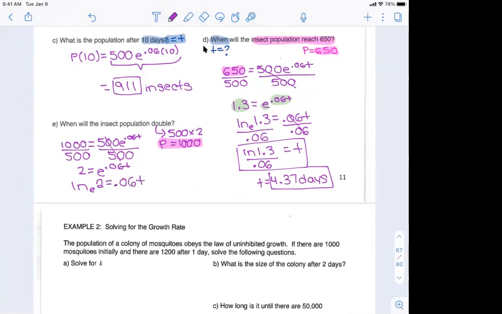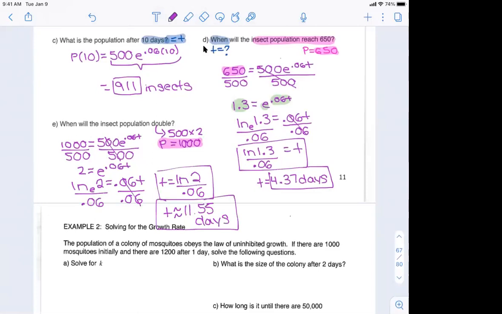Then to solve for t, I'm going to divide both sides by 0.06. T is exactly natural log of 2 divided by 0.06. If you type that in your calculator, you're going to get about 11.55 days. So this is exact, this is approximate.